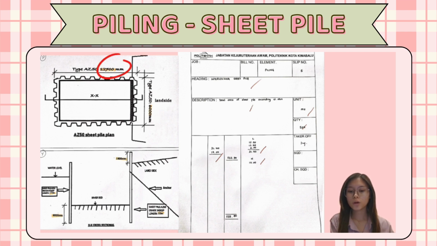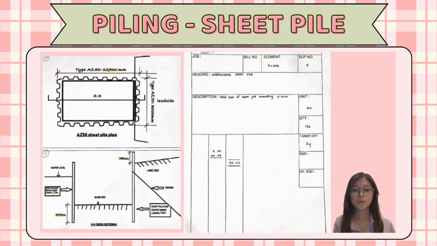I get 12.7 from here and 6 from here, and the height is 17 meter. I get it from here. So 31.4 times 17, the answer is 533.8. The quantity is 534.